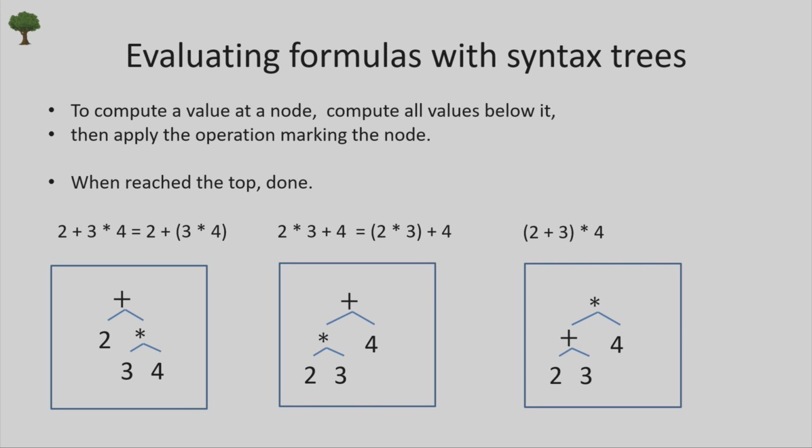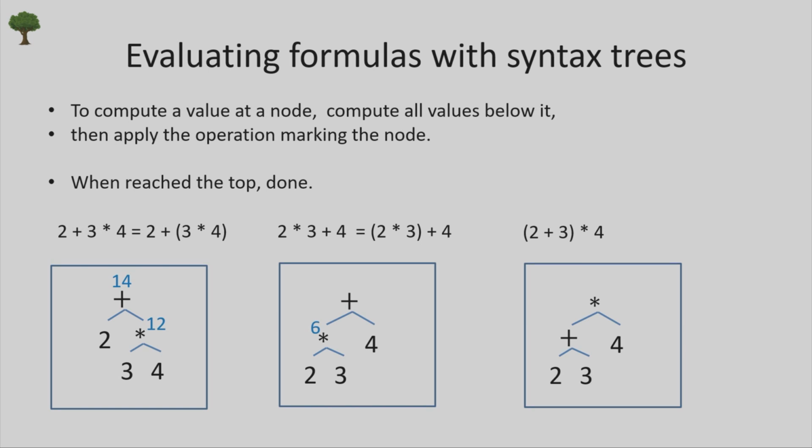In the second example, we don't know the value of the thing on the left, so we need to go inside and compute it before we can do anything else. So for example, for 2 plus 3 times 4, in order to do the plus, you need to know both 2 and what 3 times 4 amounts to. Once you figured out that 3 times 4 is 12, you can get 2 plus 12, 14.